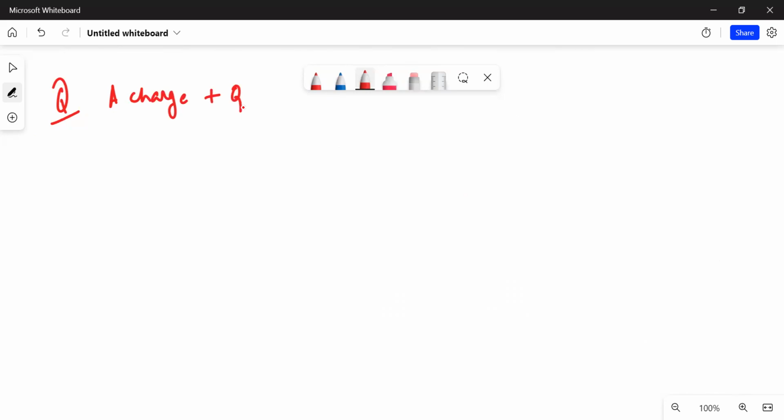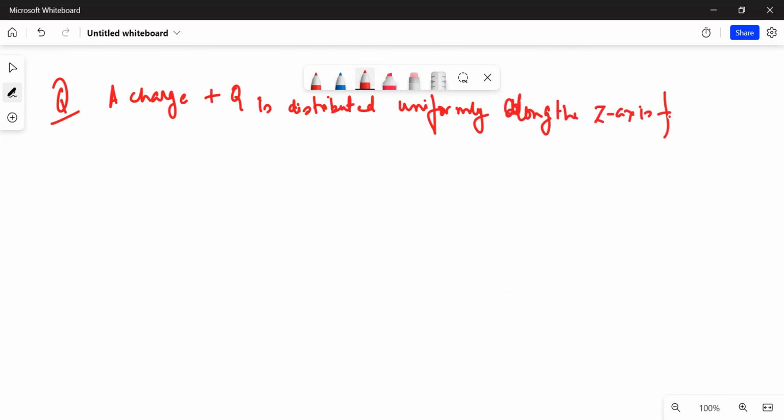I'll write plus Q, is distributed uniformly along the z-axis, from z equal to minus a to plus a.